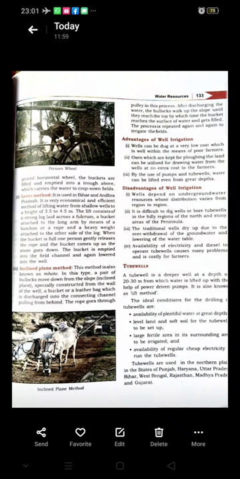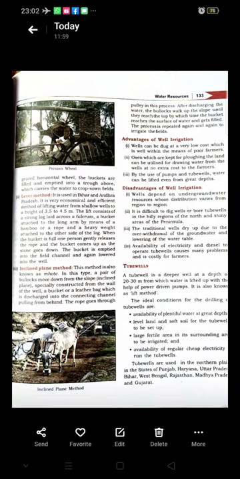These are the different ways in which water may be lifted in well irrigation. Otherwise, simply tying a bucket and pulling it up is the oldest method of drawing water from the well.